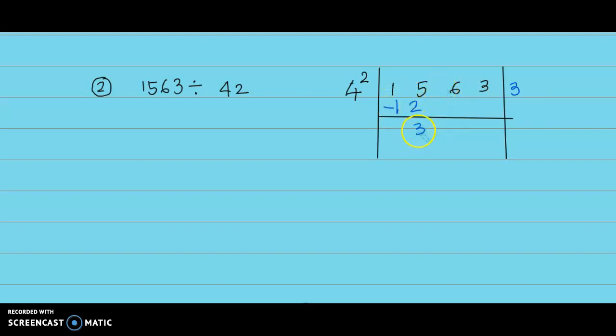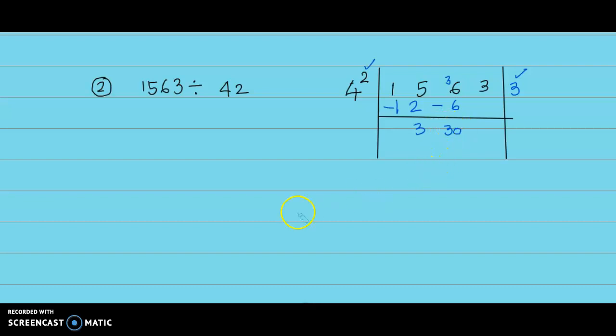This 3 is to be shifted to this place so it becomes 36. And now multiply this 2 and this 3, that gives you how much? 6. 3 2s are 6, and subtract 6 from 36, you get 30.